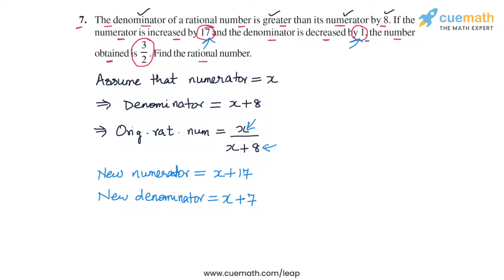So this will be the new denominator, and hence the new rational number will be x plus 17 divided by x plus 7.